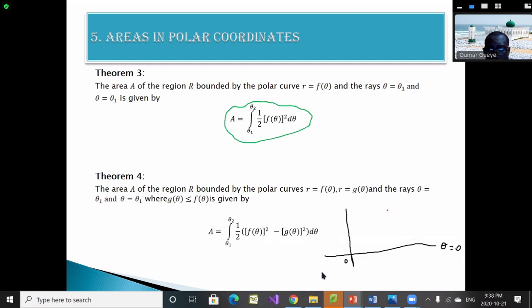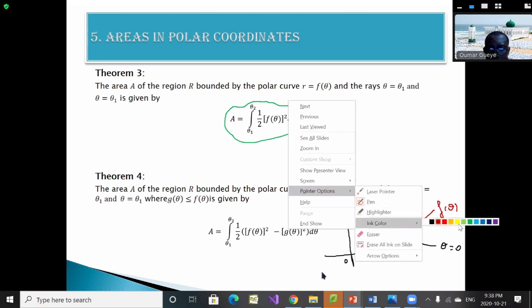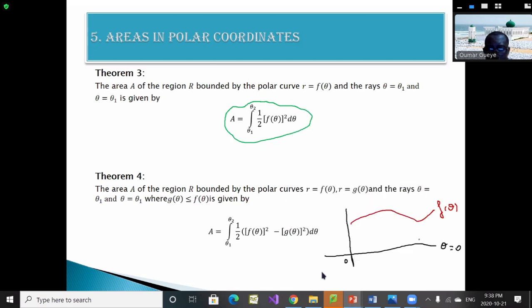All right, so let's suppose this is the curve of f. So this is f of theta. I'm going to draw g of theta, which is another function below. And this is g of theta.